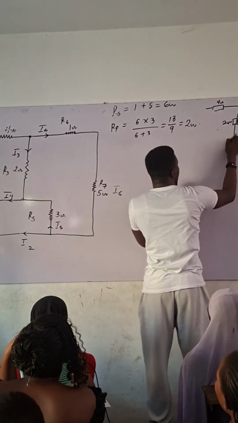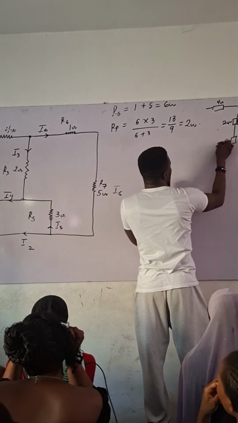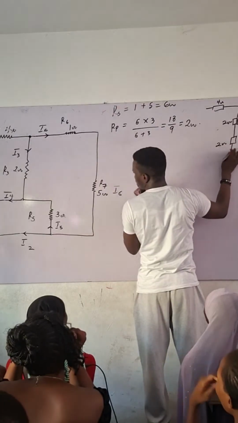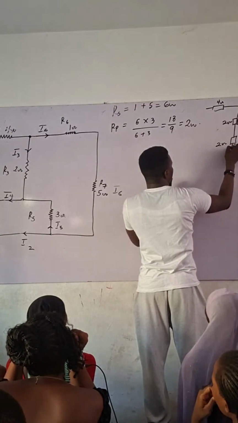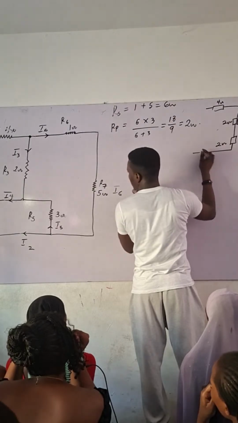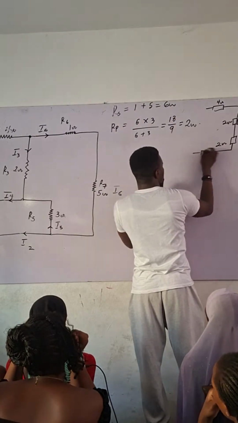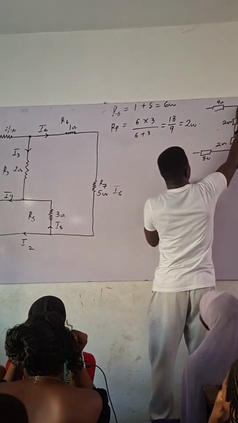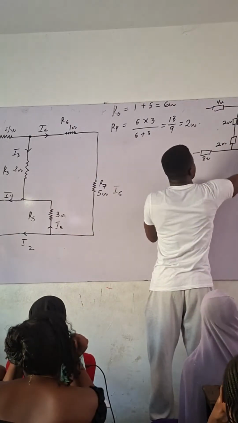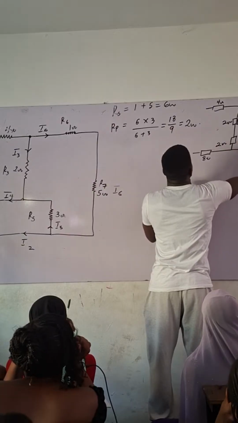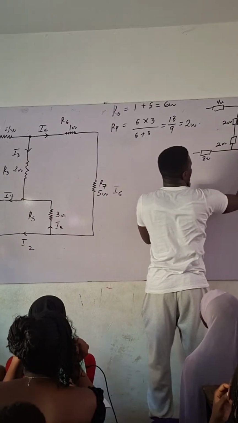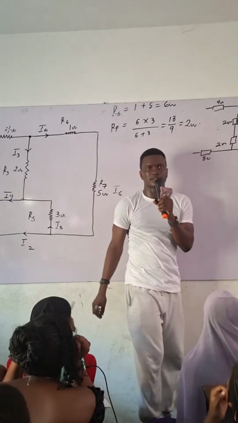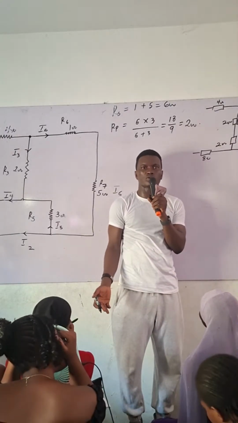Let me just be straight now that this is now 2 adding. Then this is 8. But there is still this wire. So this one is now 6. Do you agree to that? That's what we have done so far.